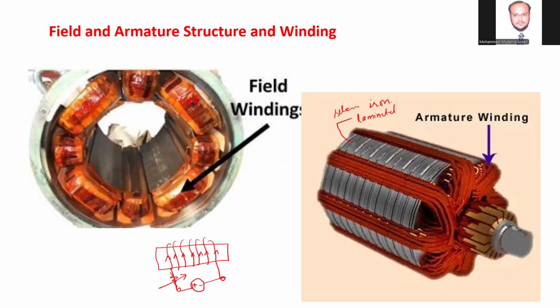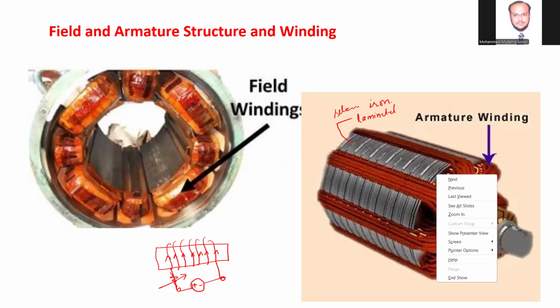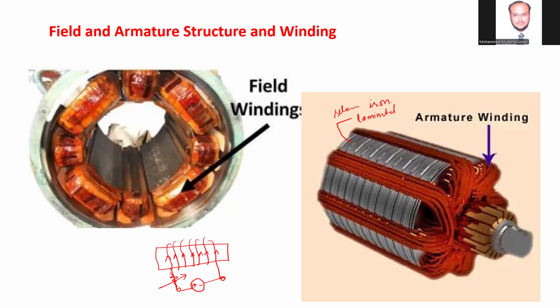It is made up of a number of strips joined together in such a way that between the strips there is insulation or some varnish, and because of this it becomes laminated. It will reduce the eddy current and hysteresis loss. Now this armature conductor is connected to the commutator segment.